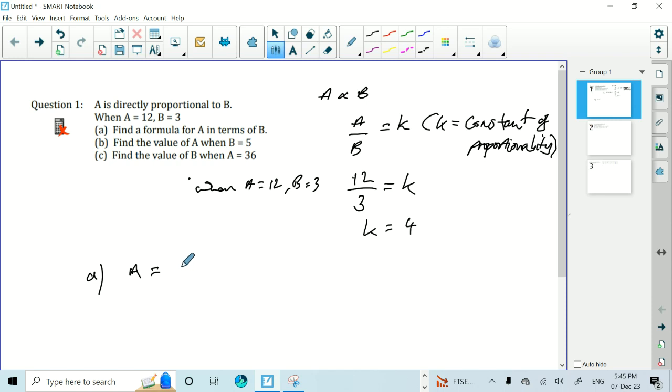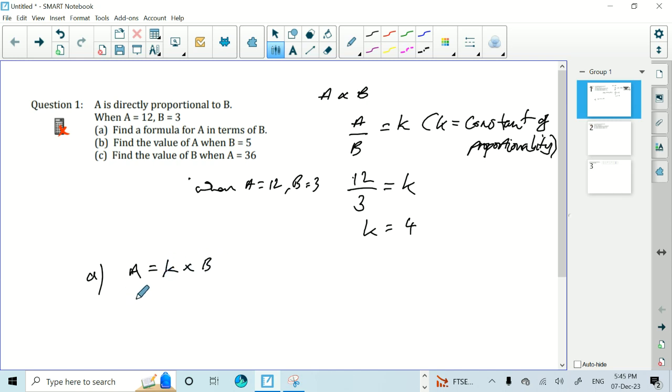A algebraically is equal to some constant times B, because the inverse operation of division is multiplication. So that's K multiplied by B. A is equal to K multiplied by B.